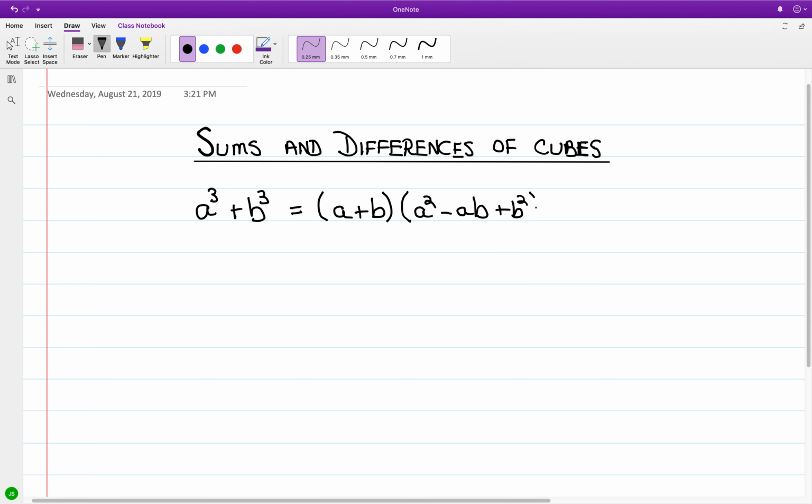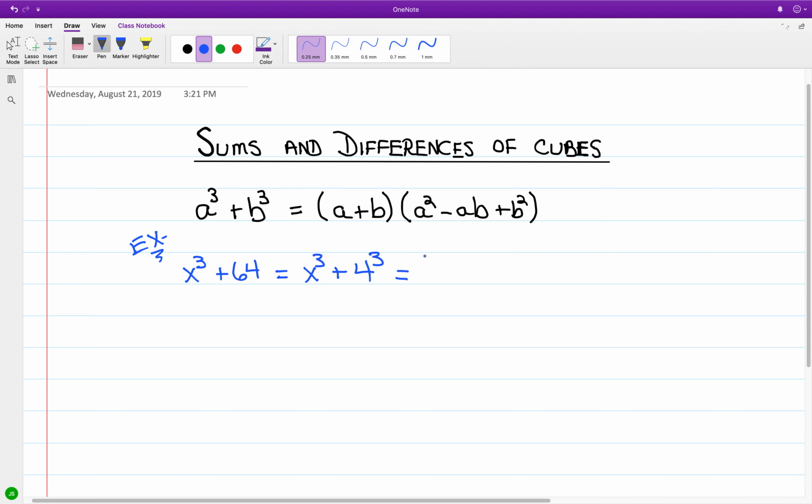An example of the sum of cubes, we'll take, for instance, x to the third plus 64. With x to the third we have the cube of x, and with 64 we have the cube of 4, so you can think of a as represented by x, b as represented by 4.